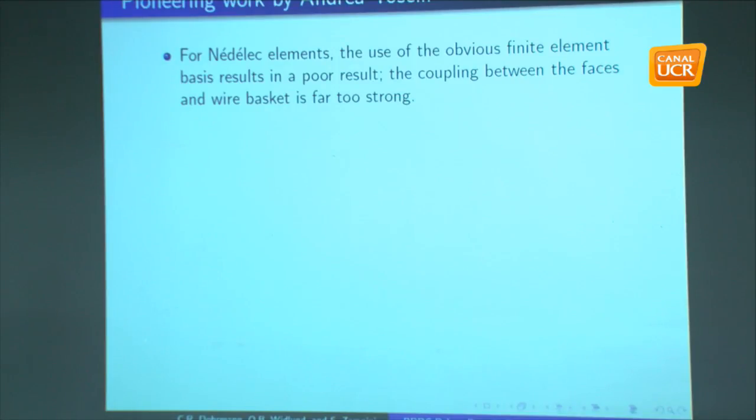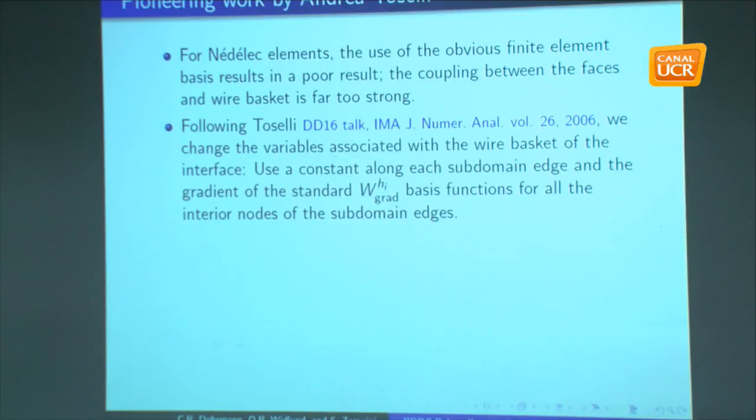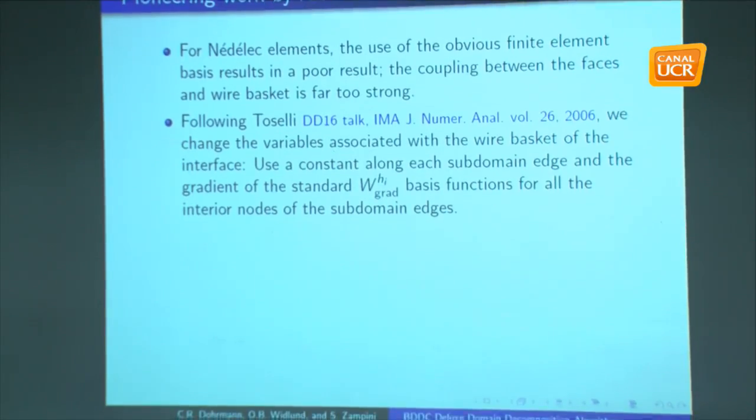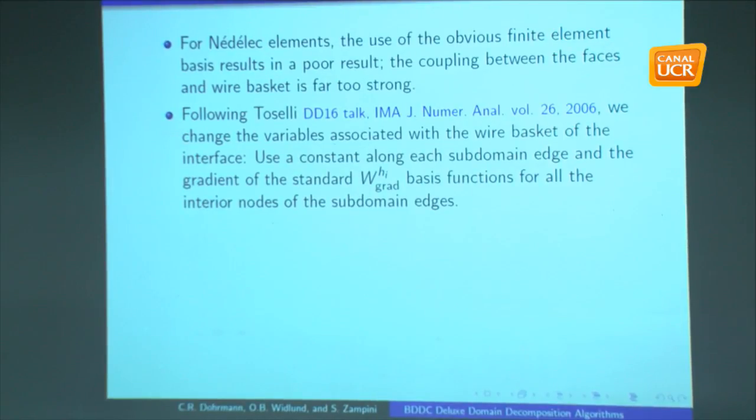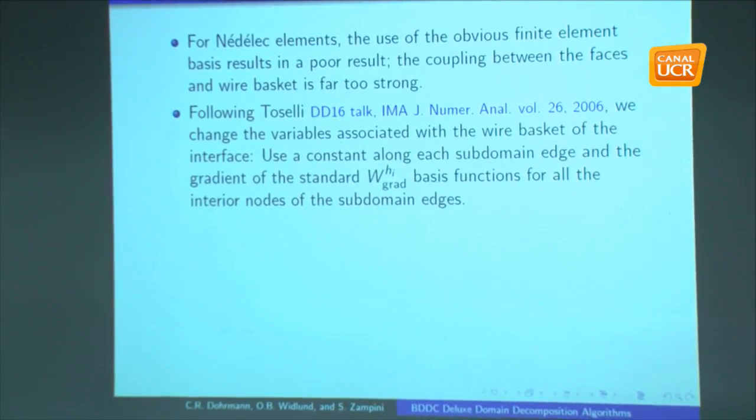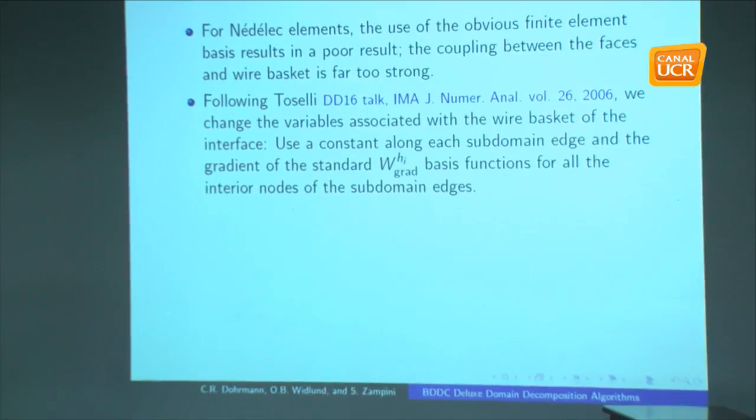Okay. Now, for H-curl, we typically use Nedelec elements, and it was really quite tricky to find the appropriate primal space here. Now, we could actually draw upon earlier work from around 2005 by Andrea Toselli. And you have to change variables associated with the wire basket, which is the union of the edges.